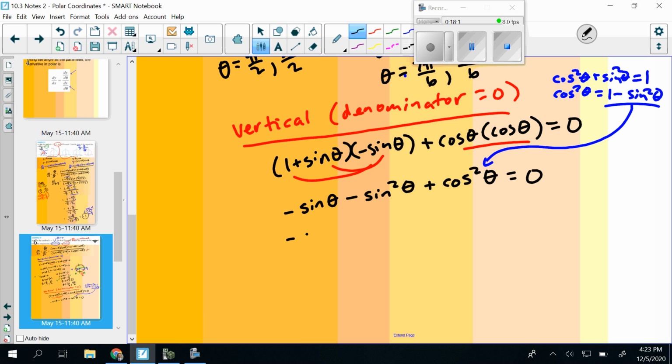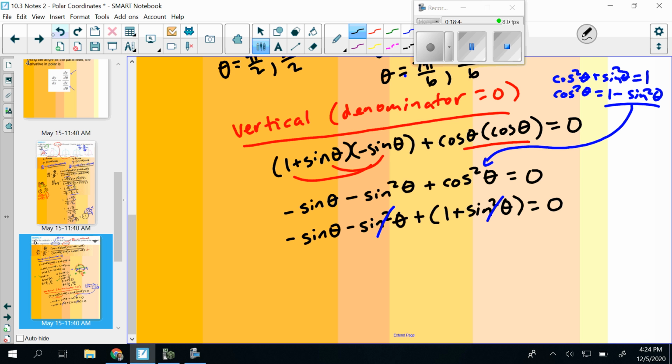So now I got negative sine theta minus sine squared theta plus 1 plus sine squared theta. And what's going to happen here now is these two terms cancel, and we're left with, oh, sorry, no, it doesn't cancel out.